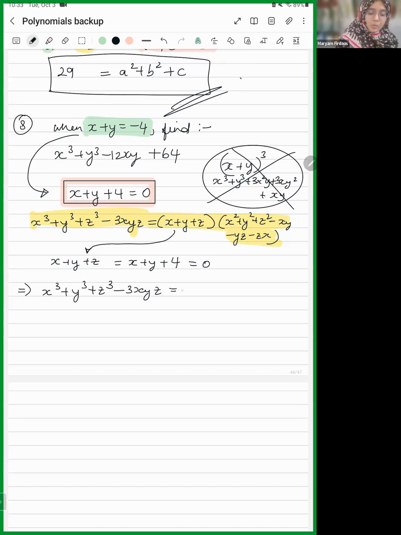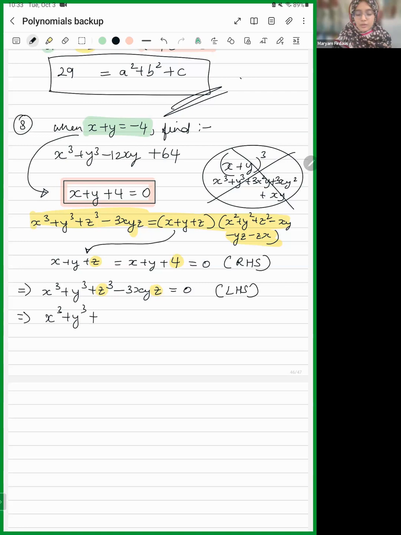And remember, what is your z? Your z is nothing but 4. So we're going to change that z now. And how did we get this? Because this is the RHS. If the RHS is 0, then obviously the LHS will also be 0 because it's an equation. So x cube plus y cube plus z cube is what? 4 cube.